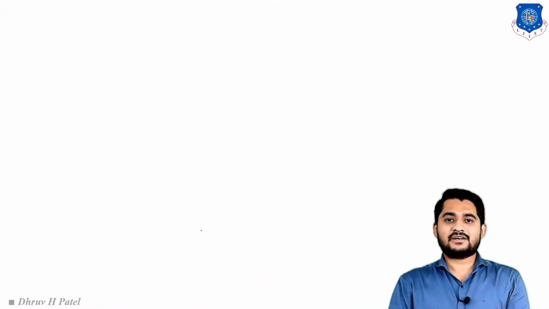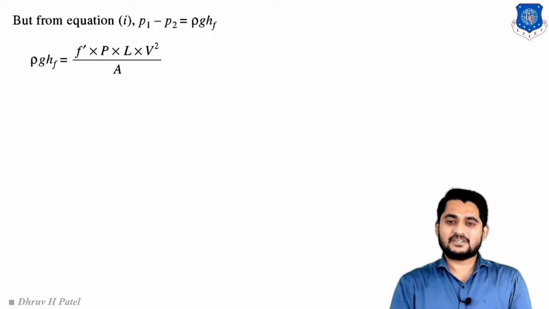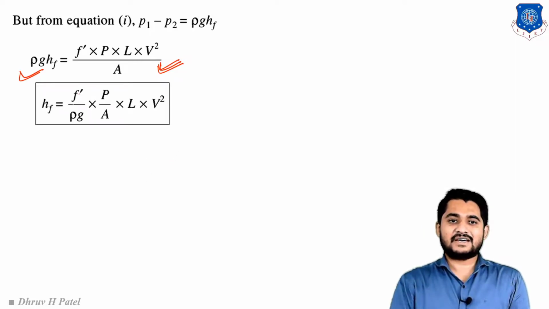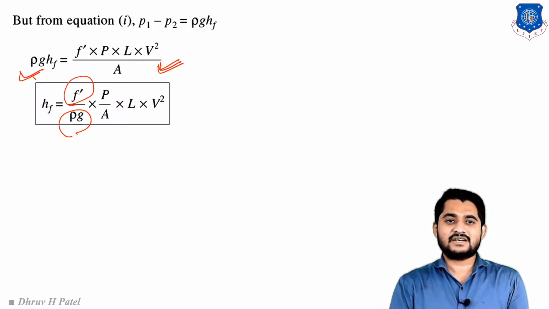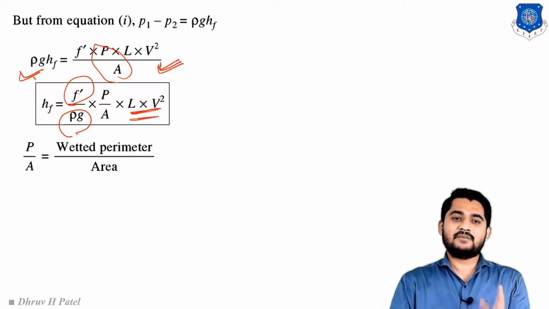So from the equation number 1, P1 minus P2 is equal to rho G into HF, and from the equation number 2, P1 minus P2 is equal to F dash into P L V square divided by A. So we can rearrange terms like this. We can write F dash divided by rho G here from this hand side. We can write P by A here separately, and we can retain L into V square as it is. Clear, students?